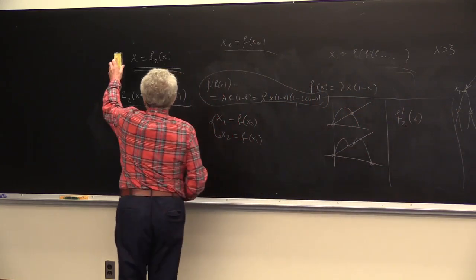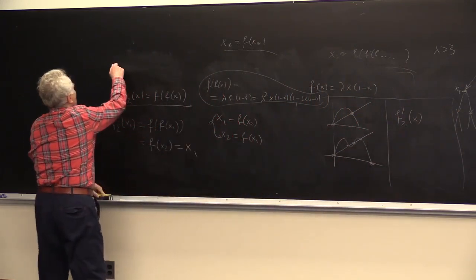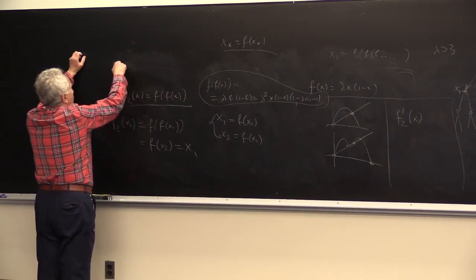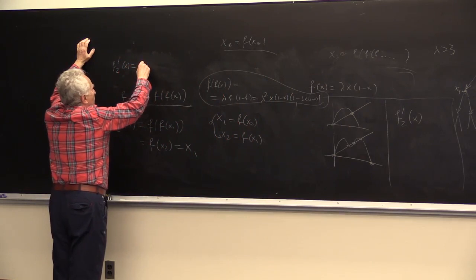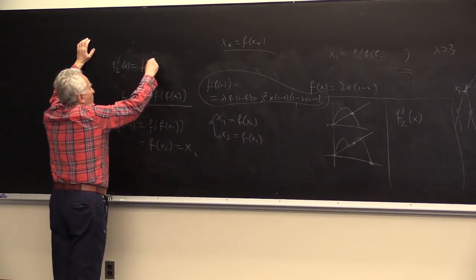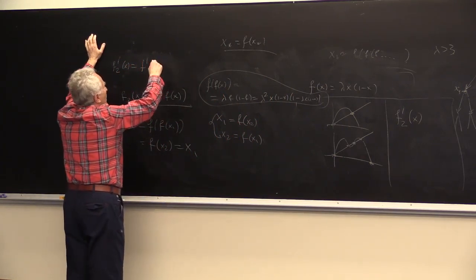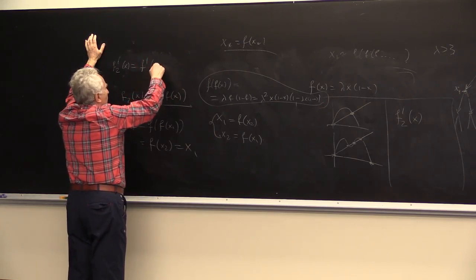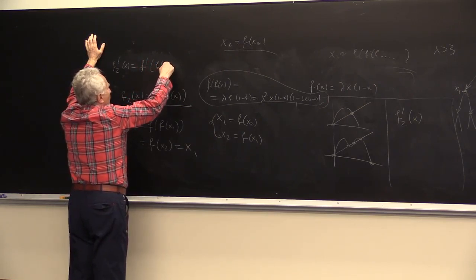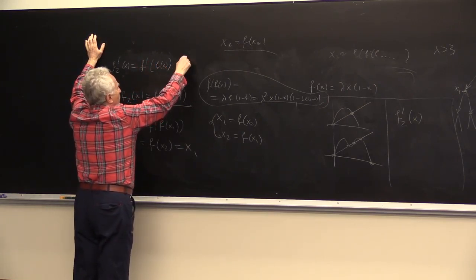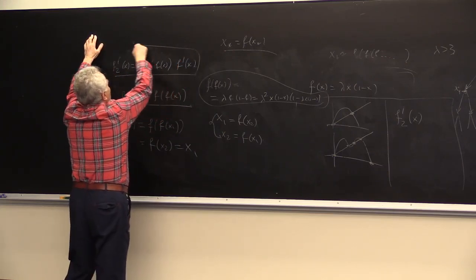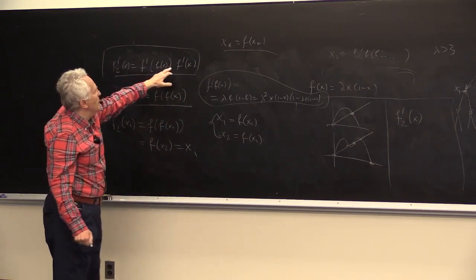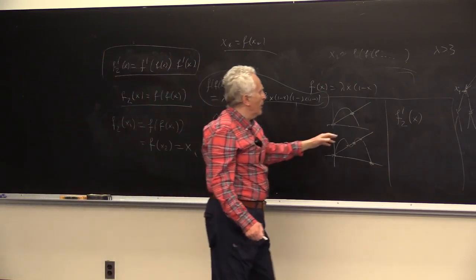And calculating f2 prime is not difficult. It's f prime of f of x, f prime of x. And so at the fixed point you see it's just f prime square.